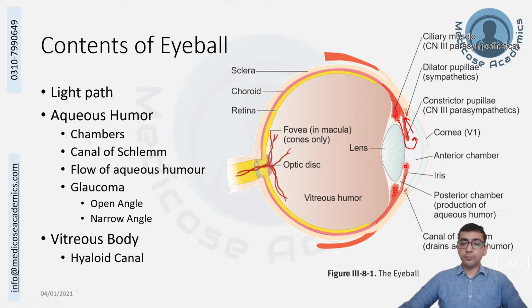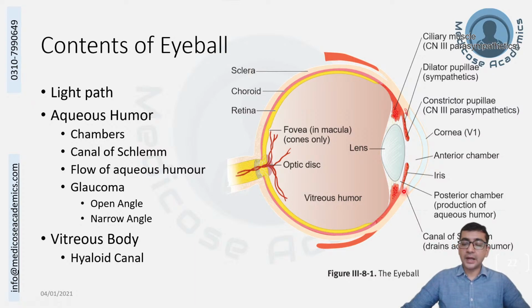Any blockage in this pathway may lead to glaucoma, that is high pressure of the aqueous chamber. Closed angle glaucoma is the one where sometimes the iris gets attached here before going back, so it is blocking the drainage pathway of the aqueous humor. This is known as closed angle, the narrow angle glaucoma, and that is solved by making an opening that leads to the drainage.